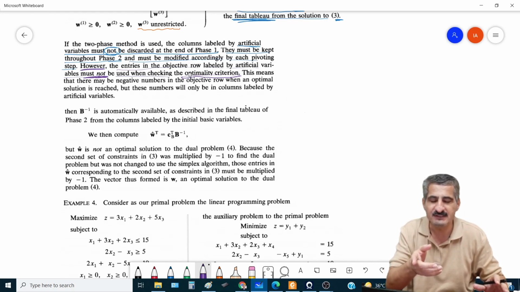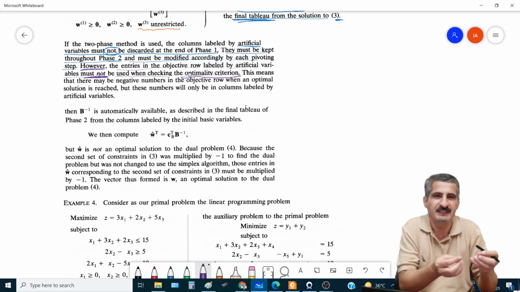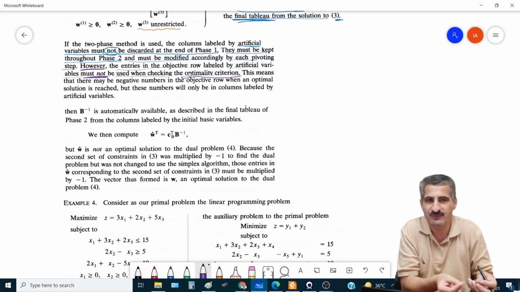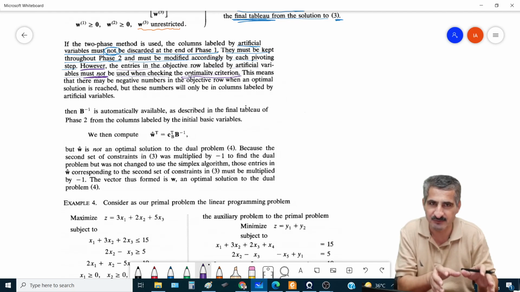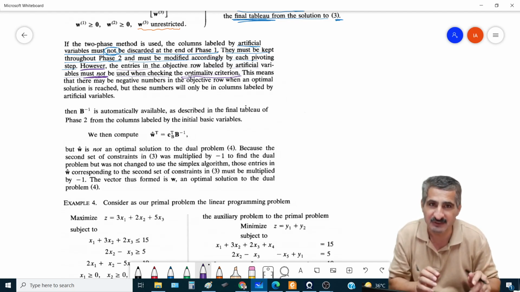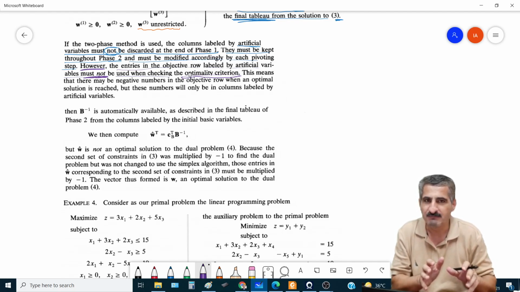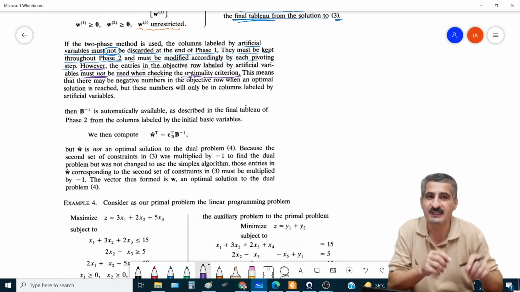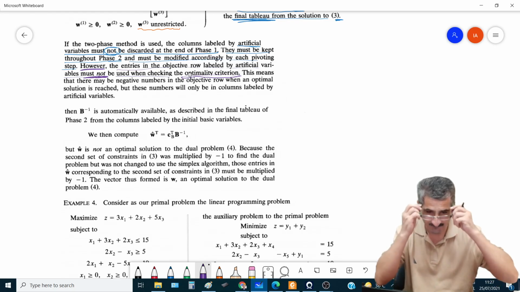But now it says, don't worry about the entries in the objective row below the columns of the artificial variables. If some of them are negative, that's fine. Do not consider them when you apply the optimality criterion. So we may say we have reached an optimal solution, but some negative values in the columns of the artificial variables still exist, and that is fine.